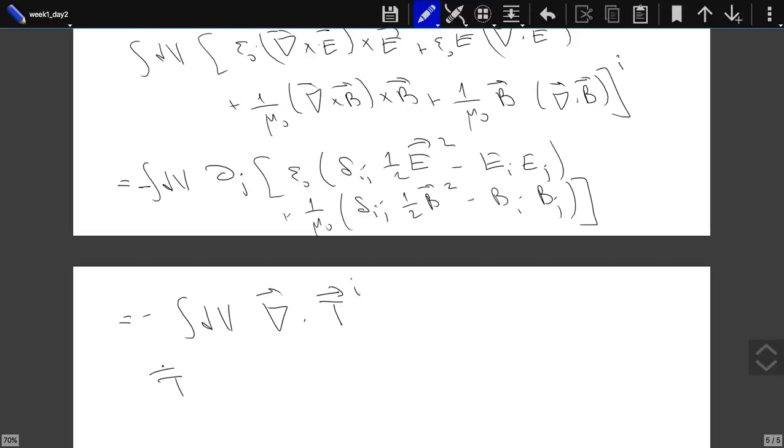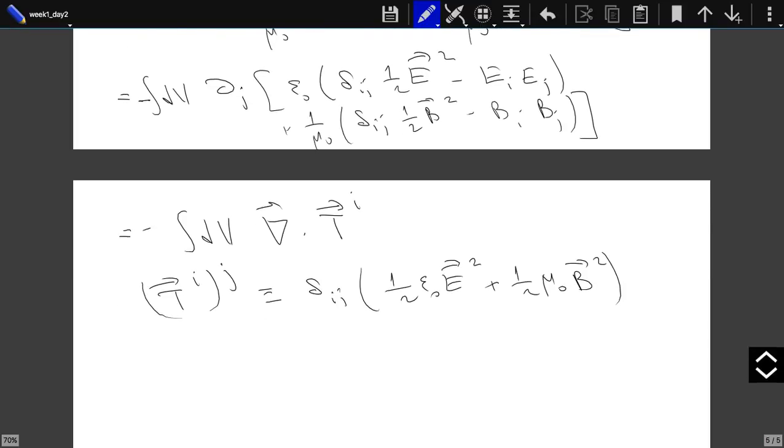And this vector for each i has the j component given by Kronecker delta ij of 1 over 2 epsilon 0 E squared plus 1 over 2 mu 0 B squared, minus epsilon 0 Ei Ej minus 1 over mu 0 Bi Bj.